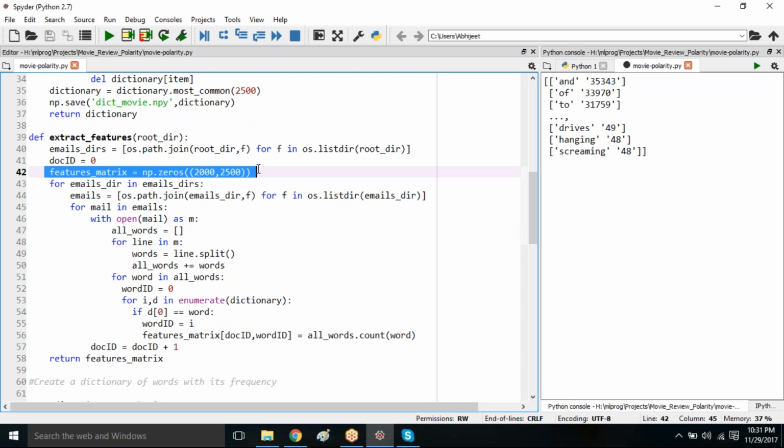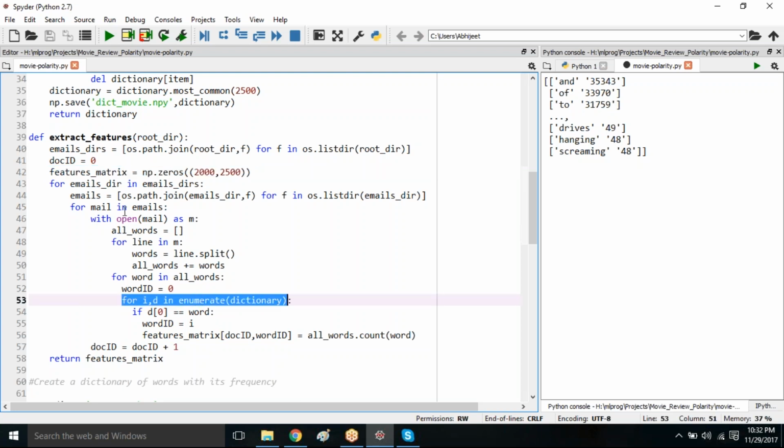Okay. So the same stuff if you will see: for all the dictionary I am enumerating, and I am opening each review, going line by line, splitting all the words, and for each word in the whole file, whatever long file is, you search in the dictionary, and find out when the word is matching in the dictionary, right?